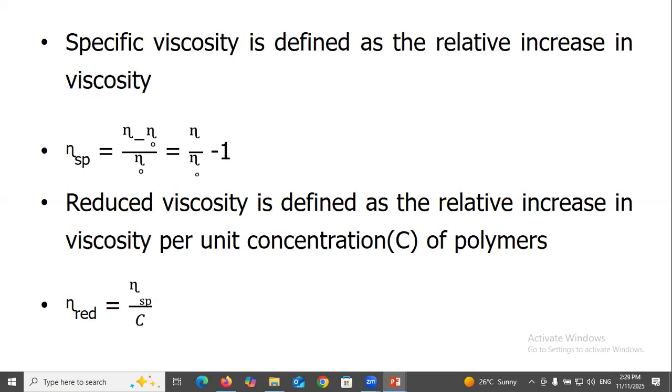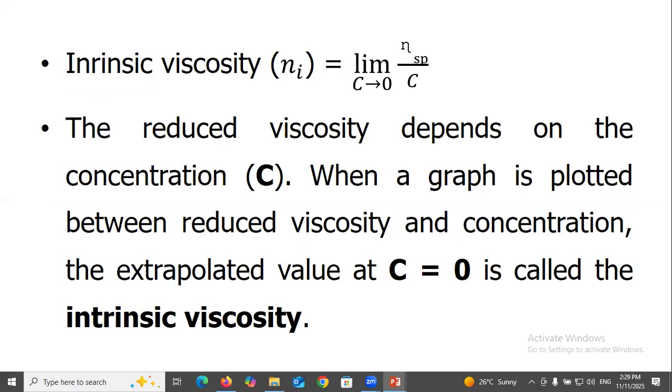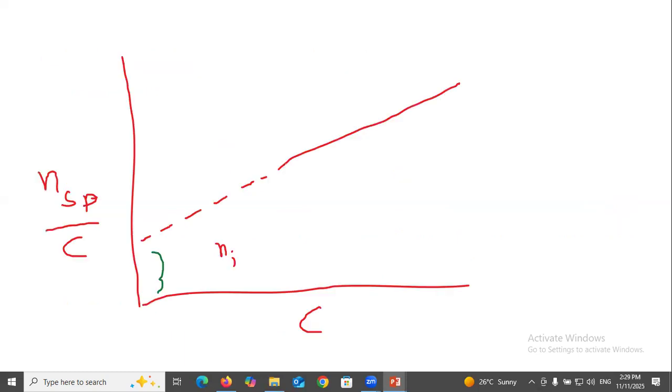Reduced viscosity is defined as the relative increase in the viscosity per unit concentration C of polymer: eta reduced equals eta specific over C. Intrinsic viscosity is the limit as C tends to 0 of eta specific over C. The reduced viscosity depends on the concentration C. When the graph is plotted between the reduced viscosity and concentration, the extrapolated value at C equal to 0 is called intrinsic viscosity.